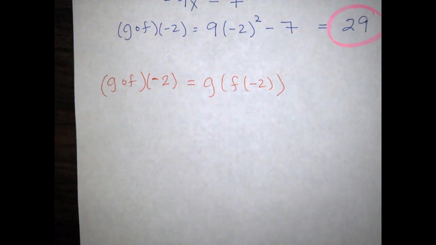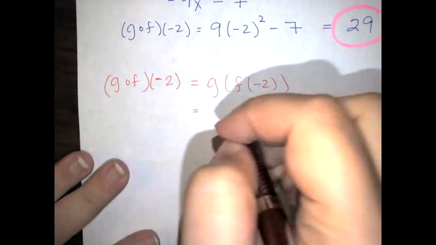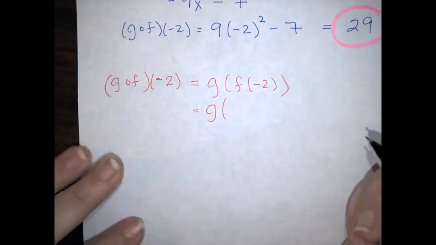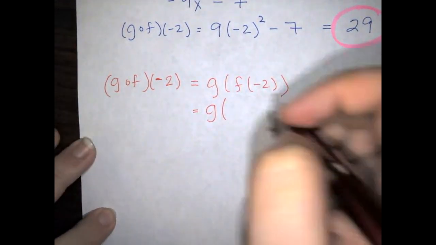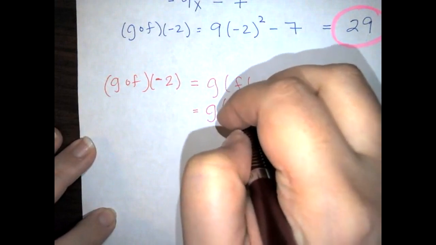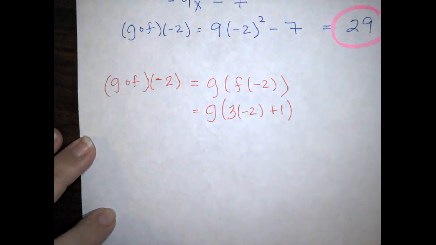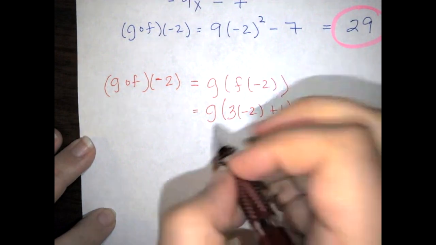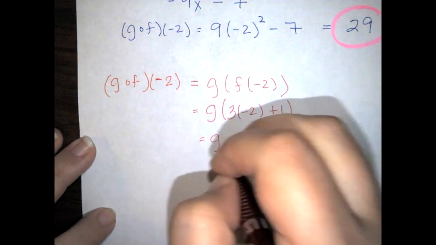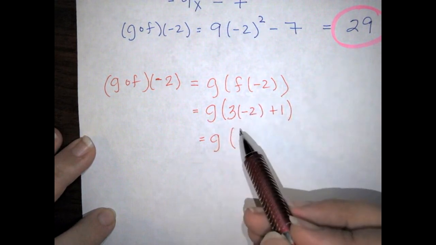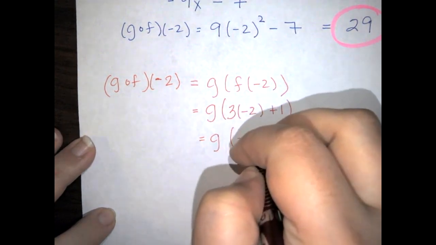That's what we're actually doing. Here, if you think about it, we are going to do g of, and our f was 3 times negative 2 plus 1. Well, we can evaluate this middle part first. So we're going to do g of 3 times negative 2, which is negative 6, plus 1, which is negative 5.